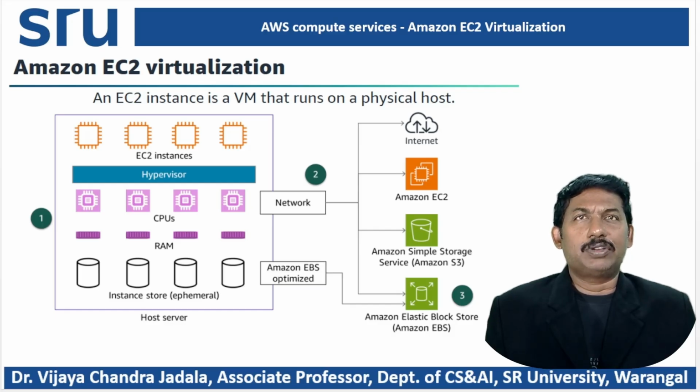Amazon EC2 networking includes private subnets, public subnets and virtual private clouds. Then AWS service integration, where EC2 integrates seamlessly with S3 buckets, Elastic Block Store and other AWS services.